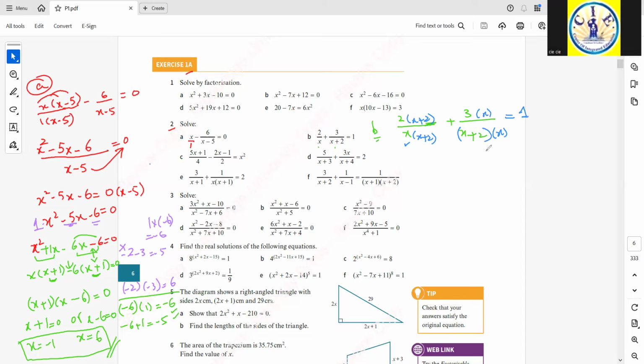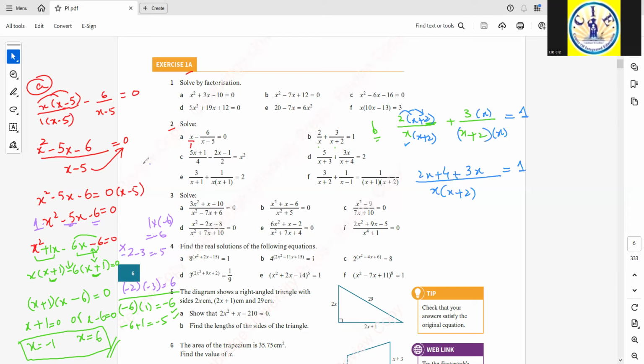So now the denominators are the same, making it as a single denominator, x times x plus 2. From the first fraction, we have got 2 times x, which is 2x, plus 2 times 2, which is 4, plus 3x equals to 1.